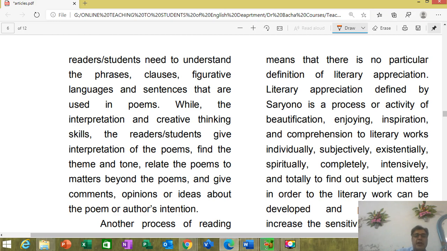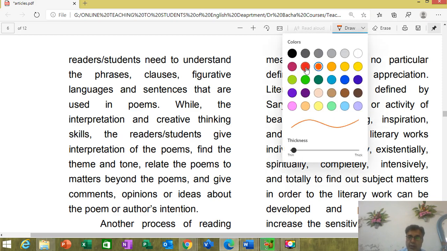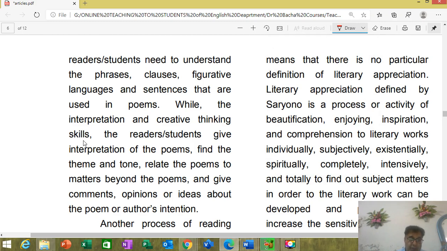While in interpretation and creative thinking skill, readers give interpretations of the poem, find the theme and tone, relate the poem to matters beyond the poem, and give comments, opinions, or ideas about it.